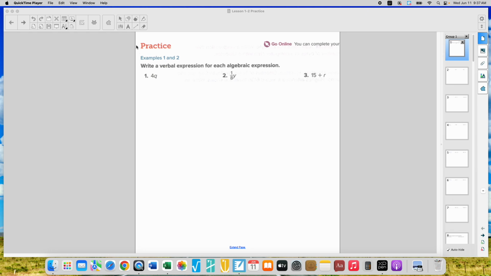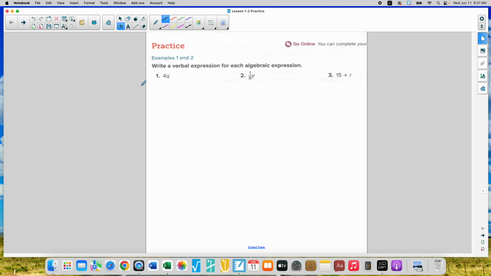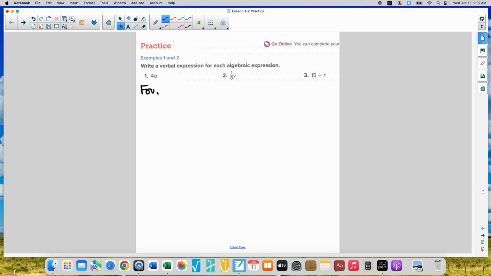So this is going to be 4 times a quantity Q. This can be 1/8.